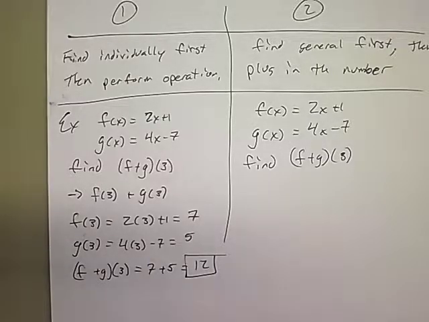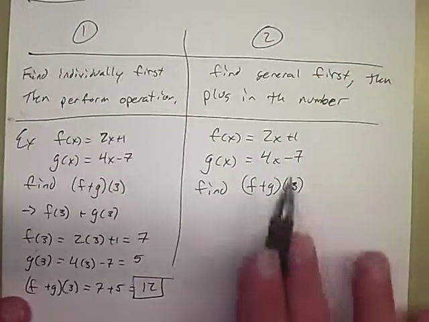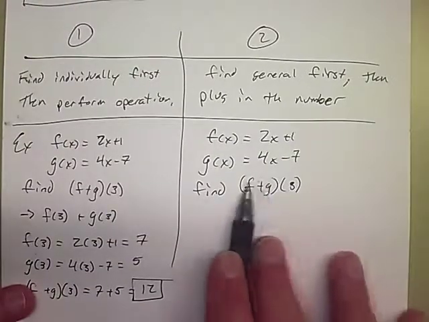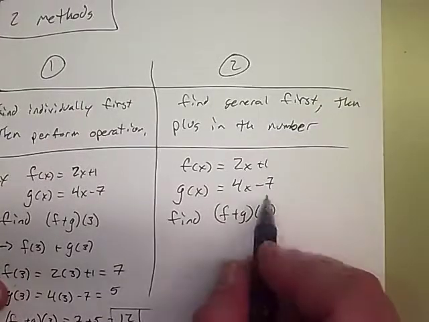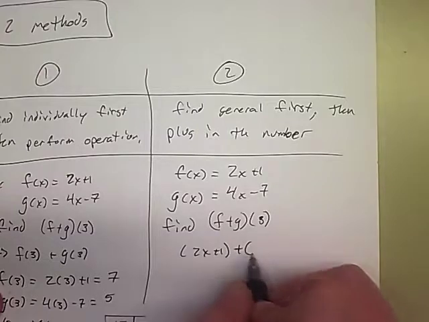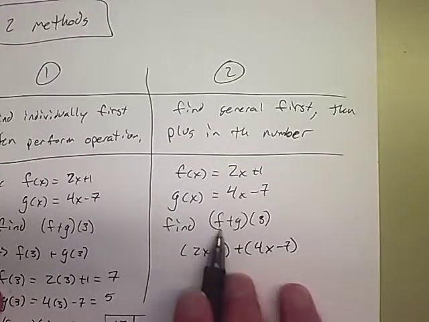The other way to do this, same exact example, same exact numbers, is I'm going to find f plus g at x first. So f plus g at x, well, that's going to be 2x plus 1 plus 4x minus 7. And this is f plus g at x.